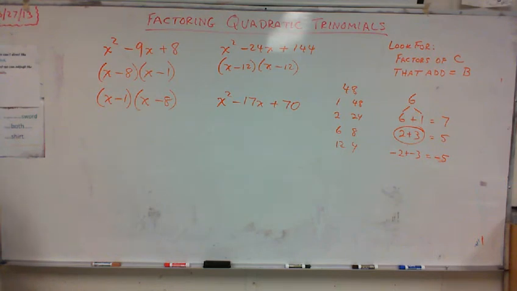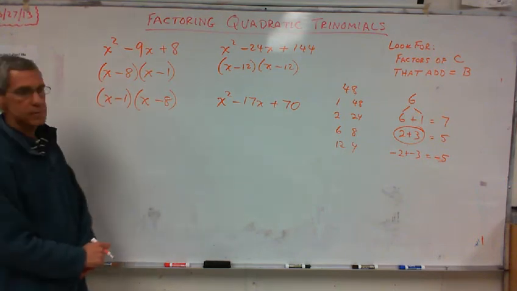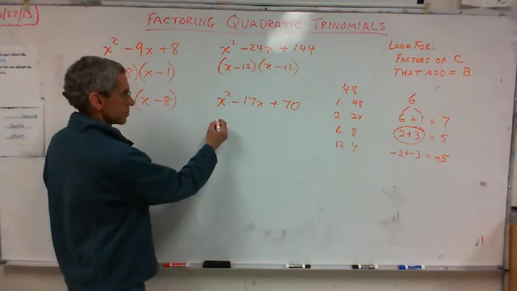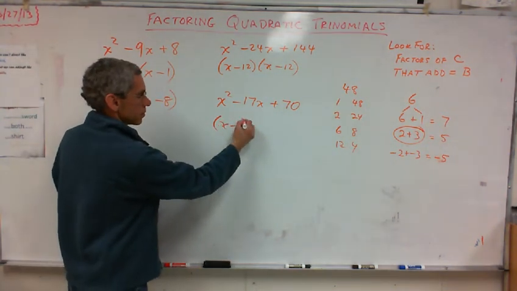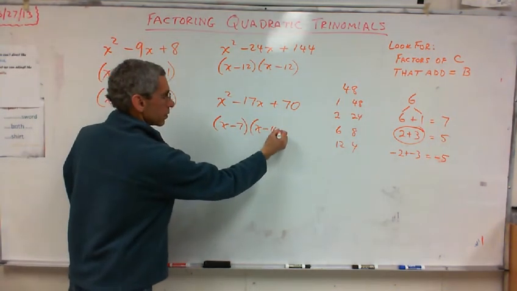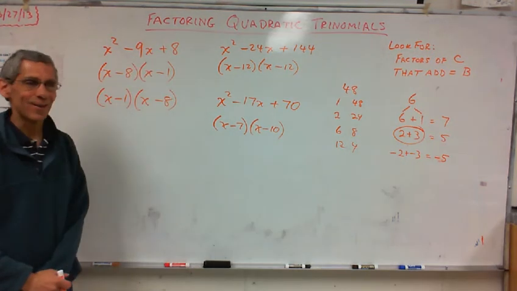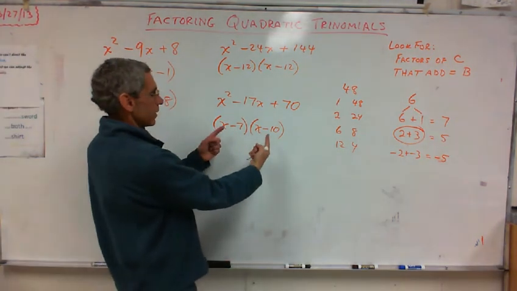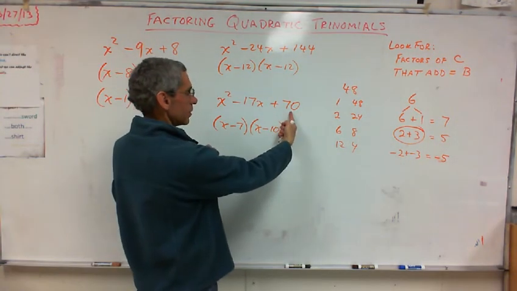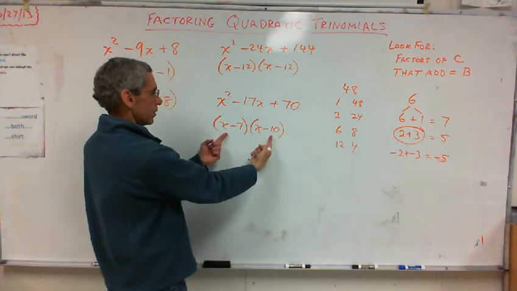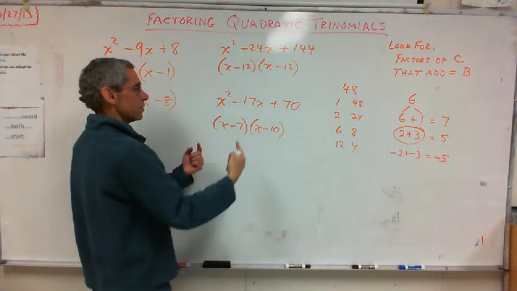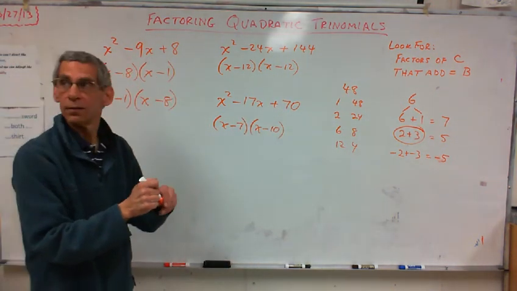Tiana. x minus 7 times x minus 10. Yes, bullseye. Good job. Because negative 7 times negative 10 is positive 70, and negative 7 plus negative 10 is negative 17. You guys rock. Absolutely rock.